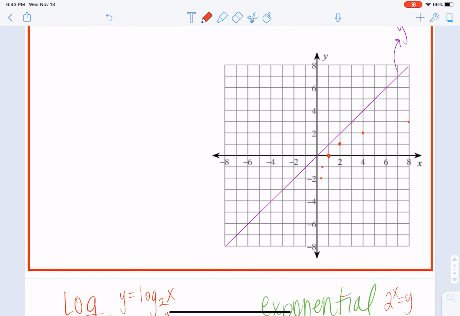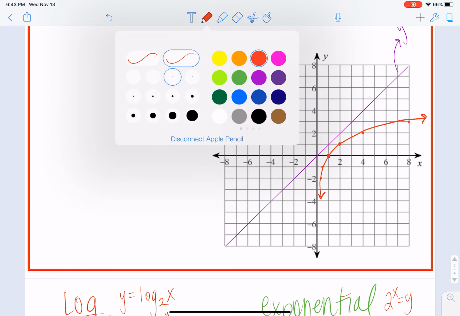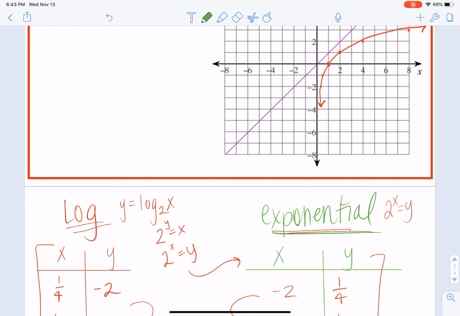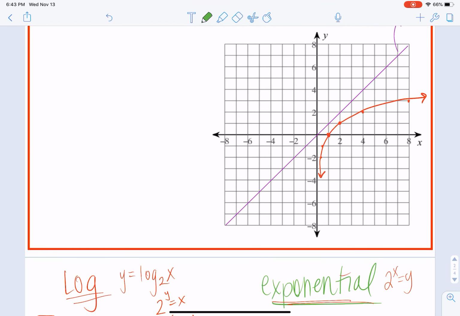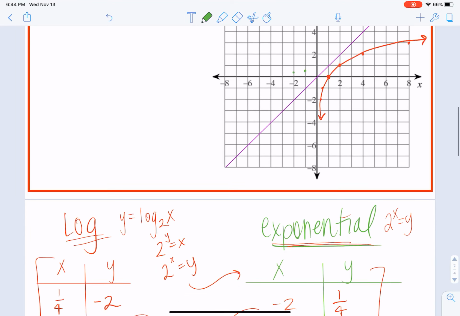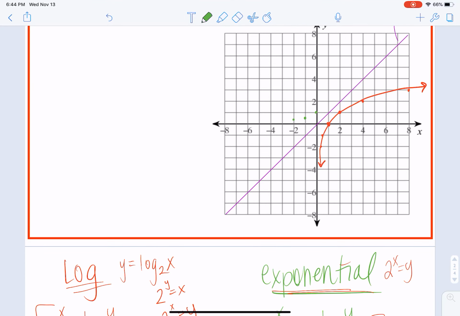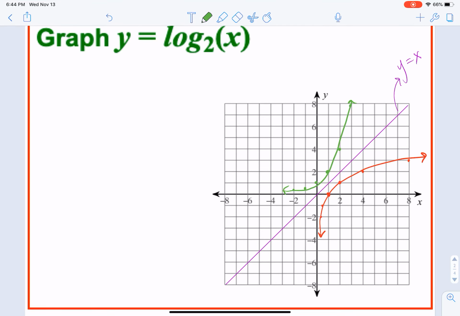When I graph this, it ends up looking like this. And in green, I graph my exponential function: -2 up 1/4, -1 up 1/2, then over 0 and up 1, over 1 and up 2, over 2 and up 4, over 3 and up 8. I can see that these are inverses of each other and they reflect nicely over the line y is equal to x.